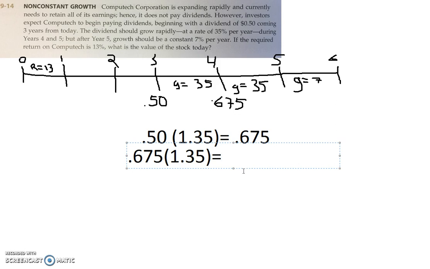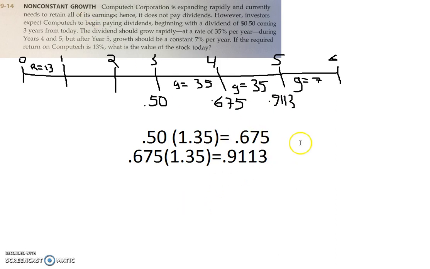And that should give us a value of 0.9113. So 91 cents roughly. Okay, so let's do that, 0.9113. And we may adjust these numbers at the end, but for now, we'll just leave it to the 4th decimal place.